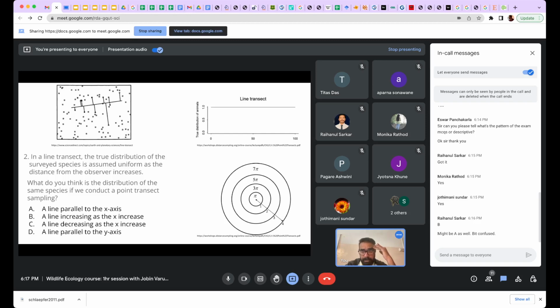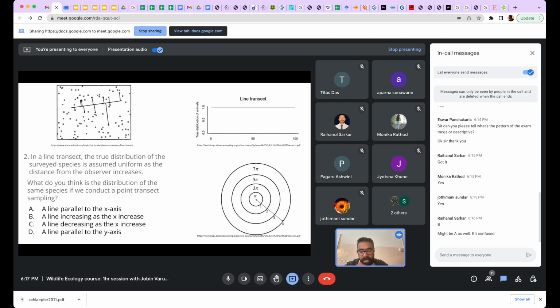So in this, this is line transect. Basically, what you do is you walk on a line, and if you see an animal, so line transect is for surveying animals. Could be a deer, could be a bird, could be a tiger. Line transect is for calculating the density of that animal in that particular forest.